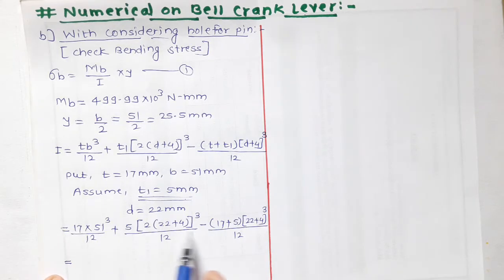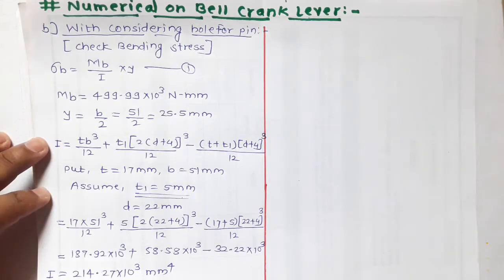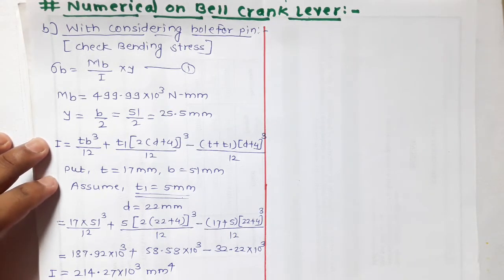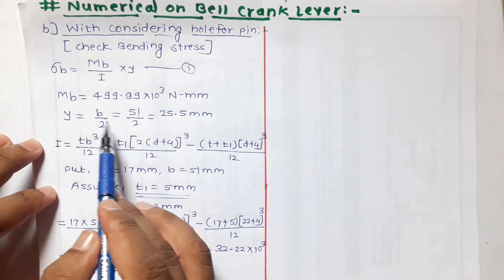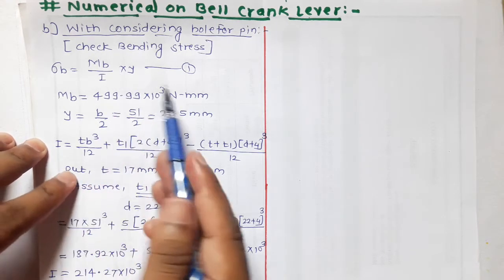Now I have kept all the values that I have explained here, and now let us calculate this moment of inertia I for this modified cross section. So the value of this moment of inertia for the modified cross section is 214.27 into 10 raised to 3 mm raised to 4. Now put the value of this I, then Y and Mb in equation number 1.